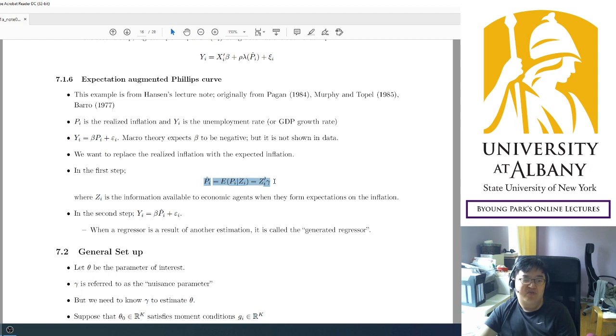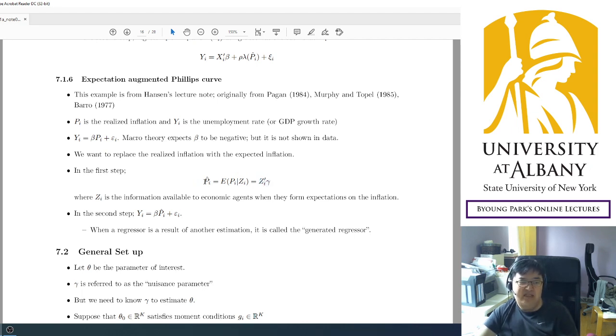So assume that people form their expectation of inflation using some information Z, say oil price, interest rates, and many other economic variables, and expected inflation is a linear function of those.